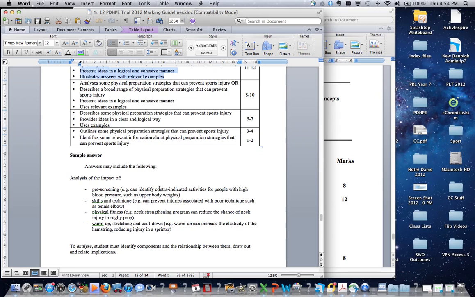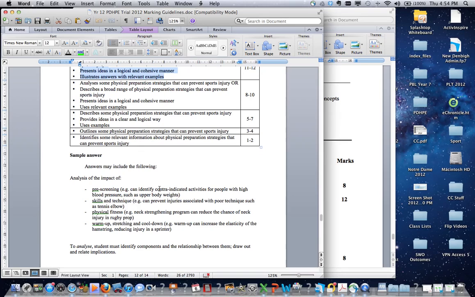Through the pre-screen, the athlete would be identified for things like high blood pressure. It might look at previous injuries. It might be conditions like asthma that are going to impact upon the athlete's health in the sport they're about to take on.